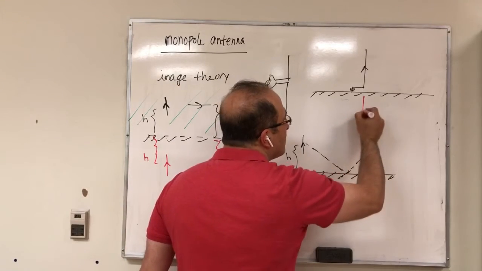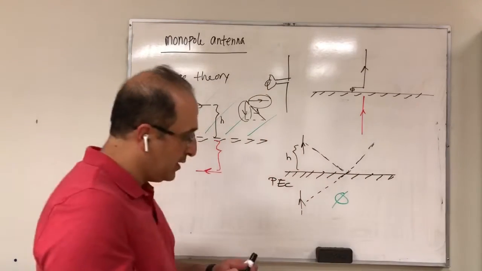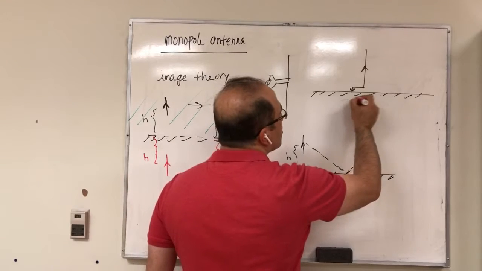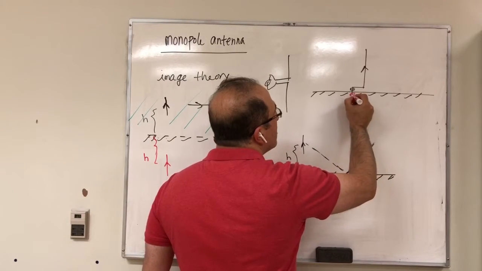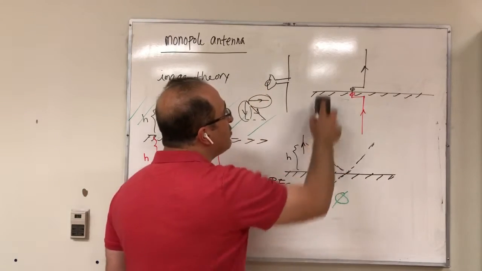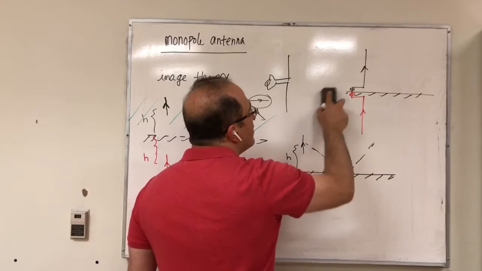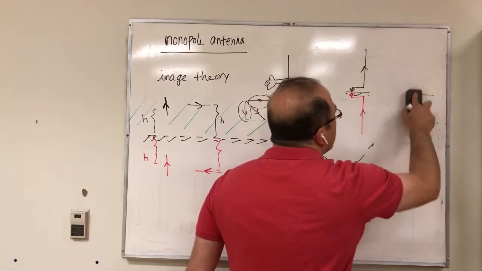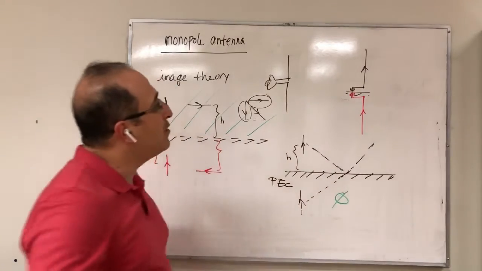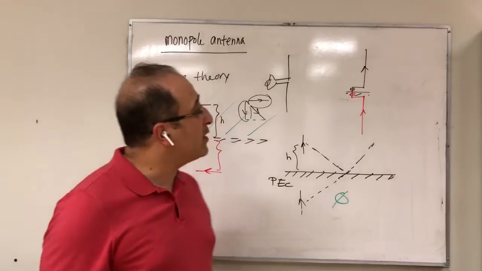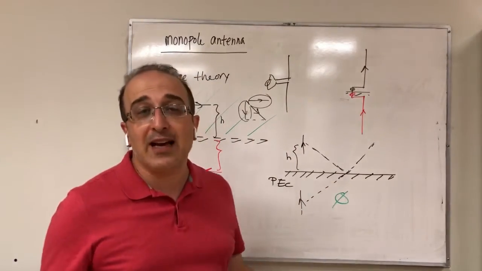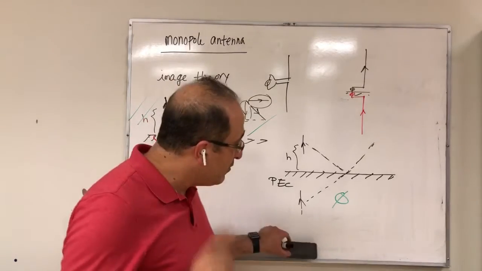So you're going to have the image of this current, and you also have a source which is here. So you can remove the PEC essentially like that and model your monopole antenna as a dipole antenna. So your monopole antenna becomes exactly like a dipole with only one major difference.